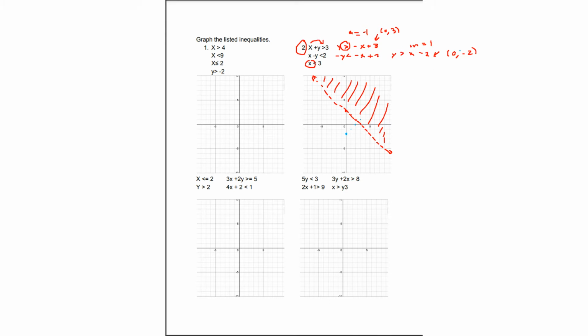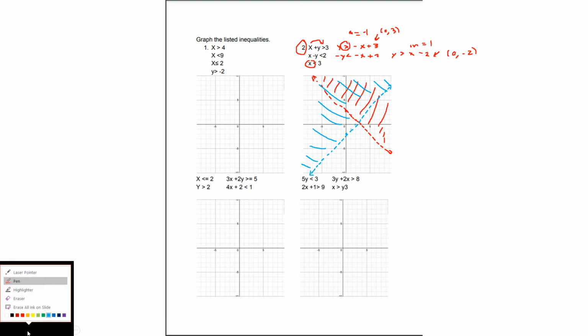So it's just going to be a dashed line, right? So come over here and you can graph this dashed line. And it's also greater than, so just shade everything greater than this line. All the y values greater than this line.